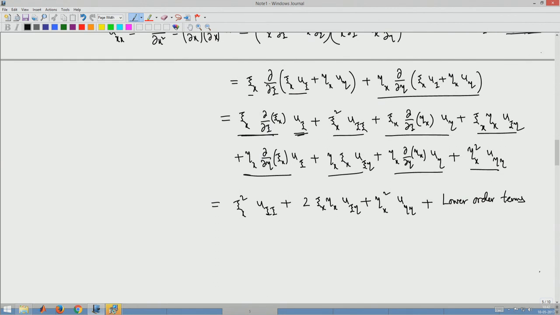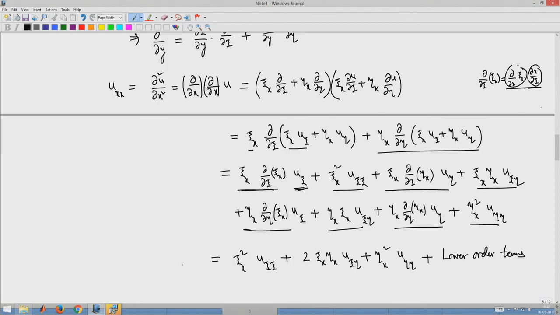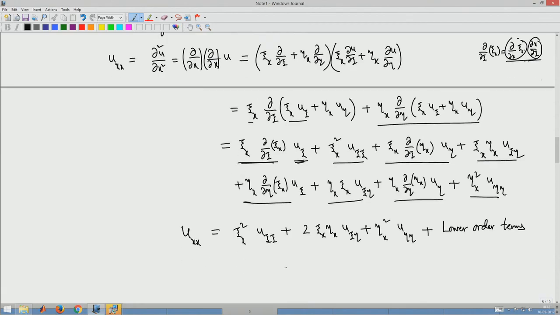Okay. So, u_xx finally what you get is this one. You can write in terms of xi and eta and u_eta eta plus lower order terms in terms of u_eta. Okay.